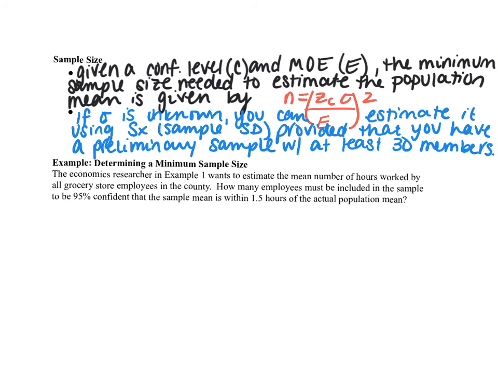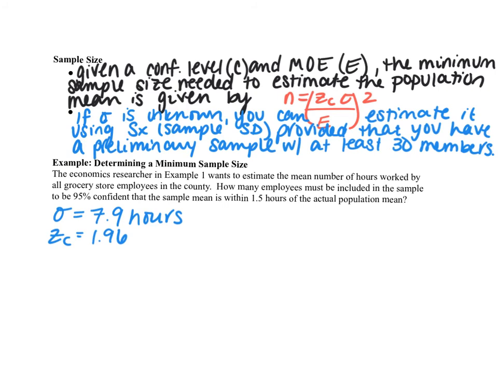Okay. So looking back at the information that we have, we were given the population standard deviation. So we don't have to worry about using the sample standard deviation. Recalling that our population standard deviation is 7.9 hours. Our confidence level is 90%, so our critical score is 1.96. And then our margin of error.